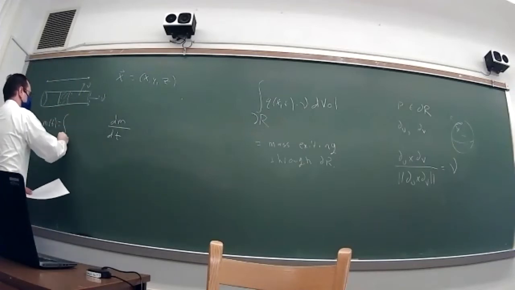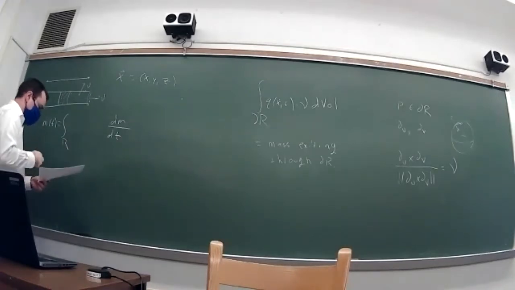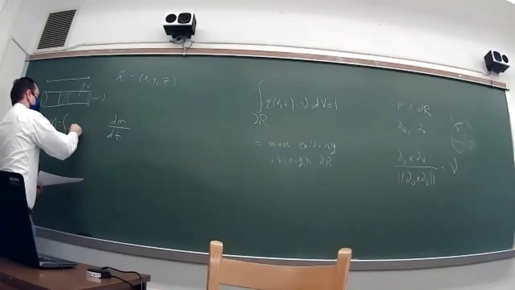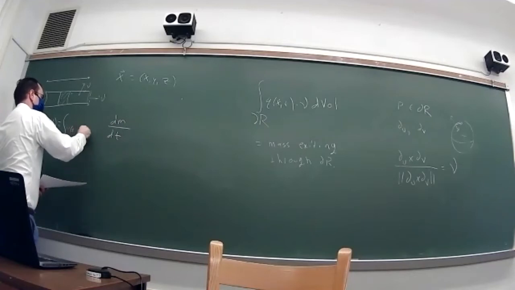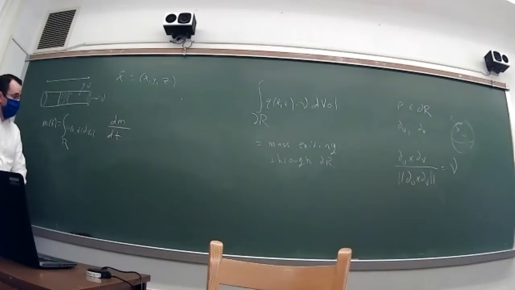In analogy to last time, the mass in some region R is just this integral over R of the mass density, right? Mass density has units of mass over volume. The integral then gives you units of volume which cancel out, and you're left with actual mass.